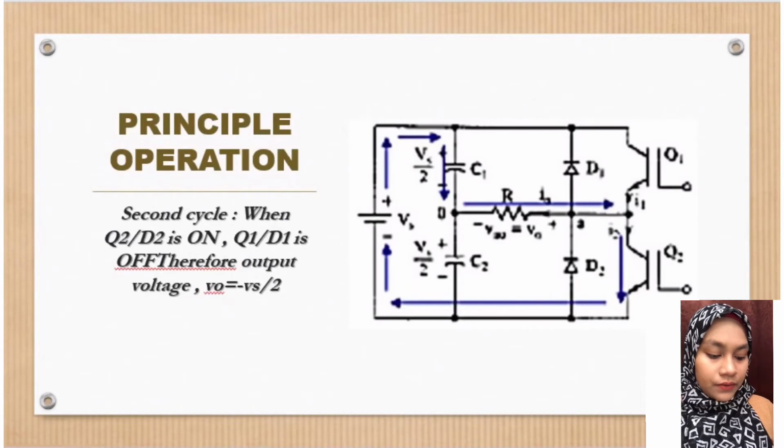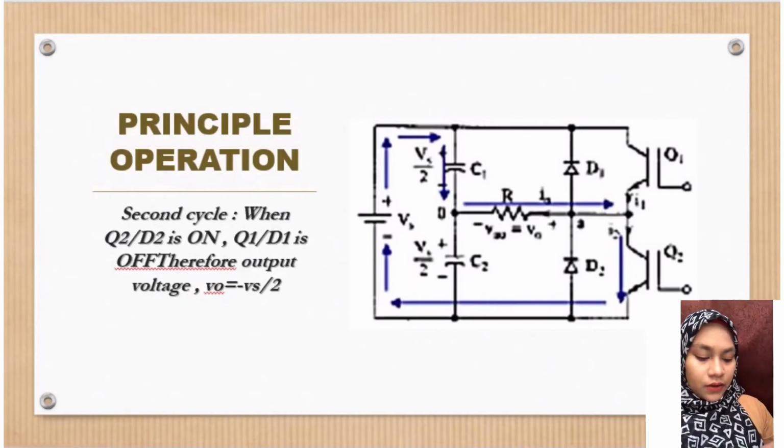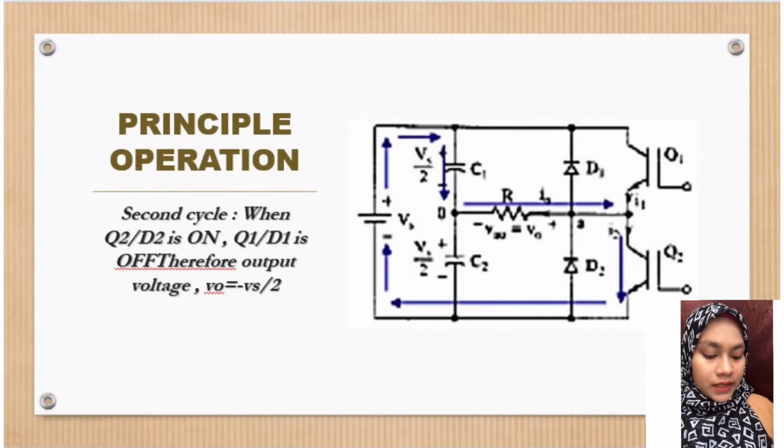Choppers convert DC to variable DC voltage. Inverters convert DC to variable magnitude, variable frequency single-phase or three-phase AC. Cycloconverters convert single-phase or three-phase AC to variable magnitude, variable frequency single-phase or three-phase AC. A cycloconverter has four thyristors divided into a positive and negative bank of two thyristors each.